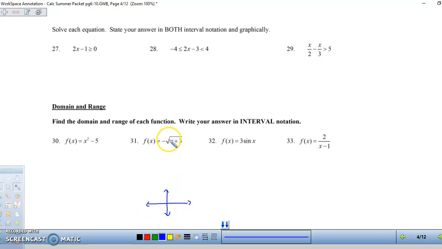So first of all, square root of x is just a curve. It's basically half a parabola to the side. So if you do square root of x plus 3, within the function, that is moving left 3, if you remember that from last year. And then the negative out front basically tells you to flip all of your y values.